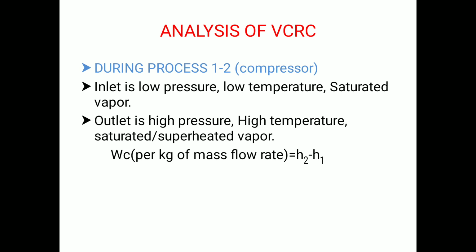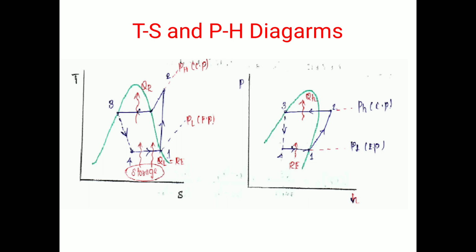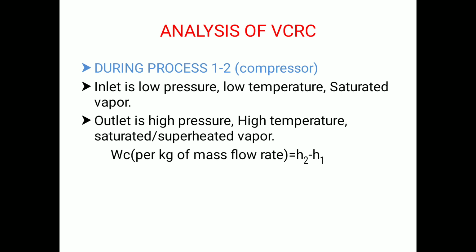So let us try to understand the outlet condition. Outlet refrigerant is high pressure, high temperature, saturated or superheated vapor. So if you see the diagrams, point 2 is the outlet condition of compressor. From the TS diagram, it is clearly understood that point 2 is at high pressure, high temperature, saturated or superheated vapor.